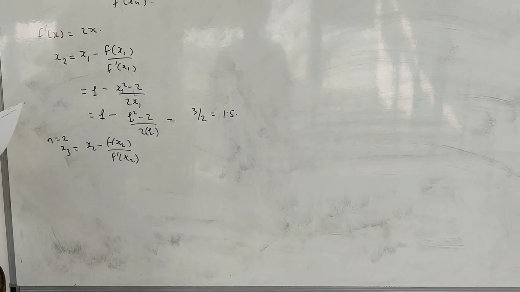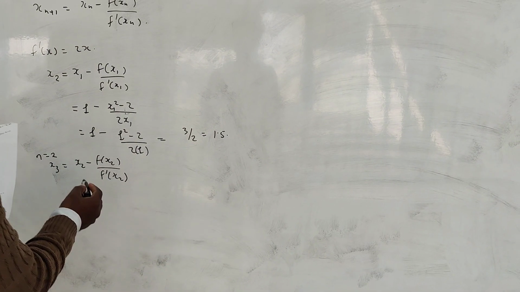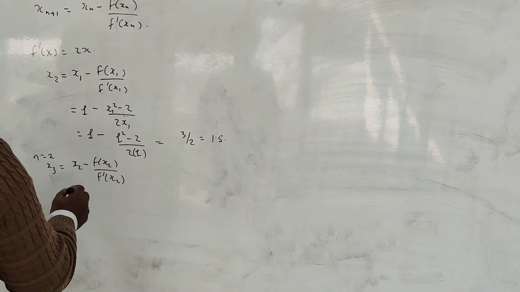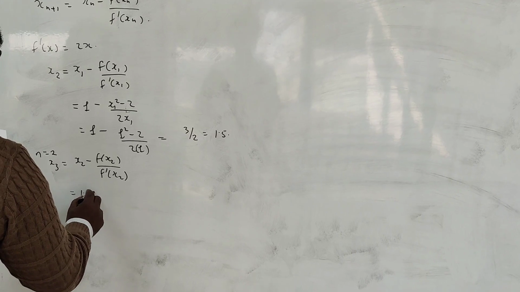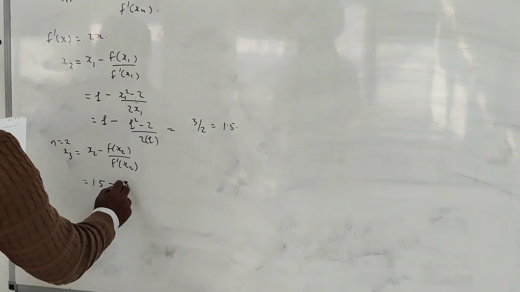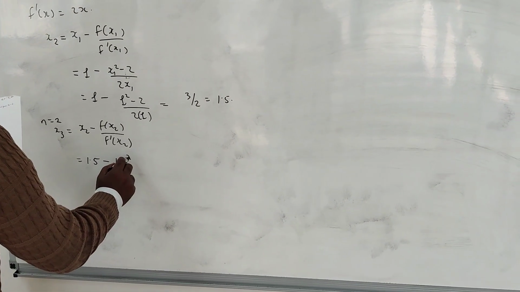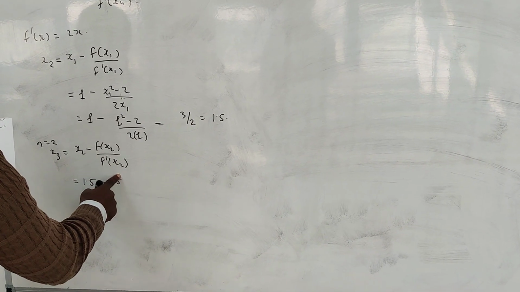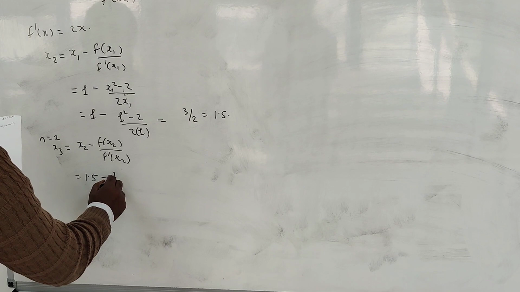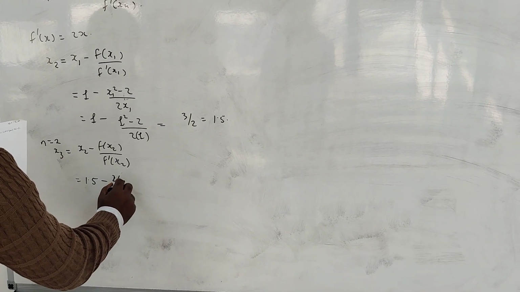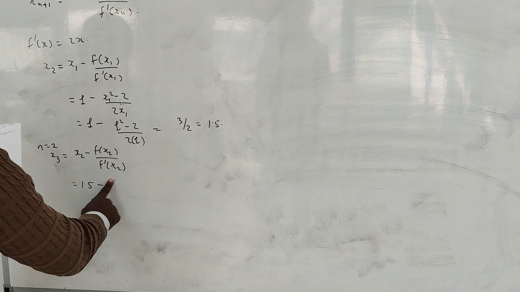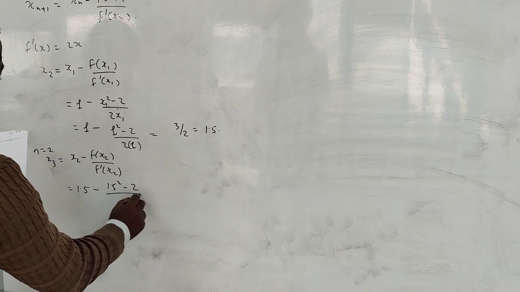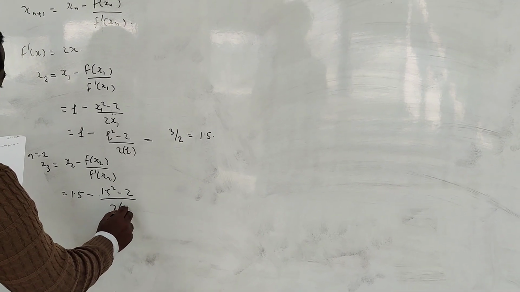We calculated in the previous step our x2 to be 1.5. Substituting into this equation, we have 1.5 minus 1.5 squared minus 2 over 2 into bracket 1.5.